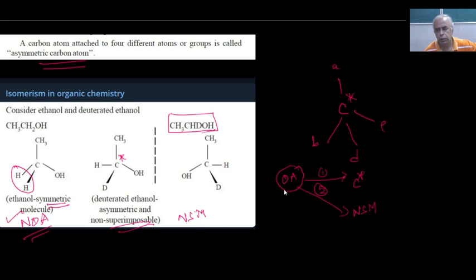Okay, and the third one is there should not be any element of symmetry. So when an organic compound has a carbon atom with these 3 characteristics, and there should not be any element of symmetry, then you can say it is optically active. Do you understand? Right.